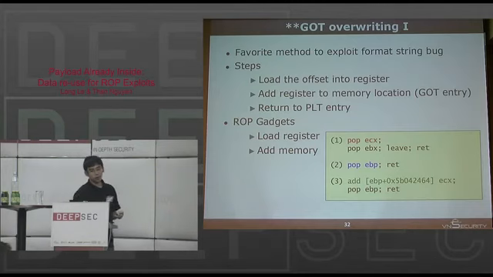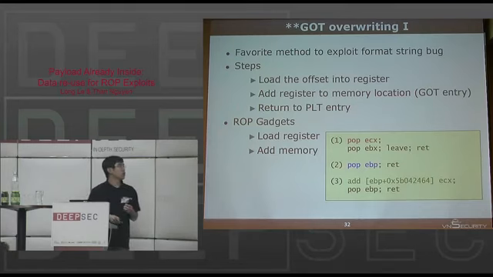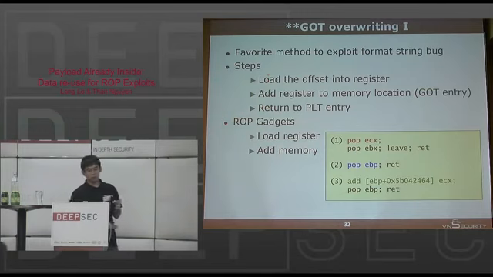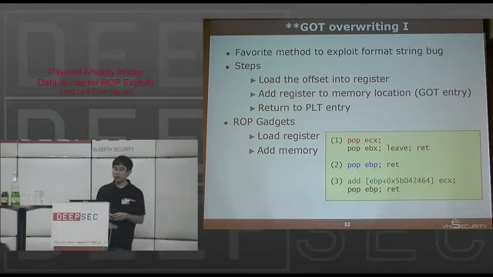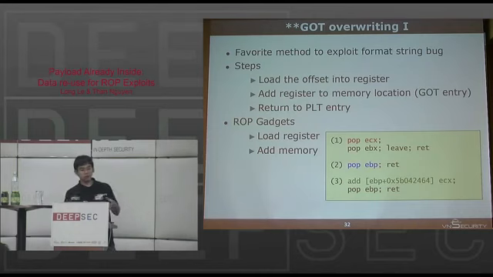For this, we have a couple of different techniques, like GOT overwriting or dereferencing. GOT overwriting is one of the favorite methods for format strings, where you override the GOT entry of some libc function with some other value to call the other code you want.